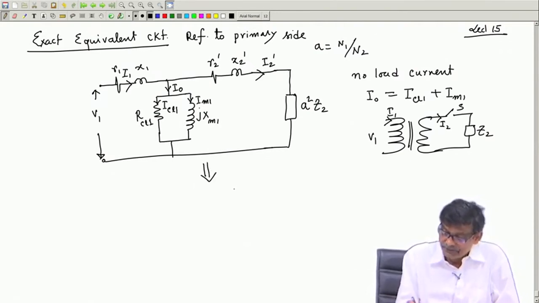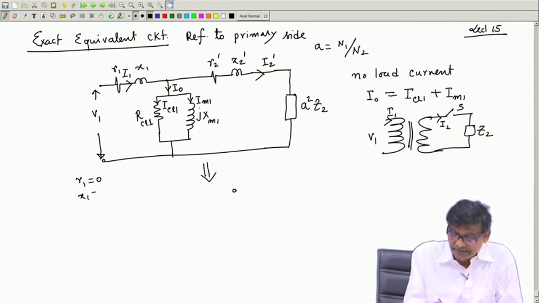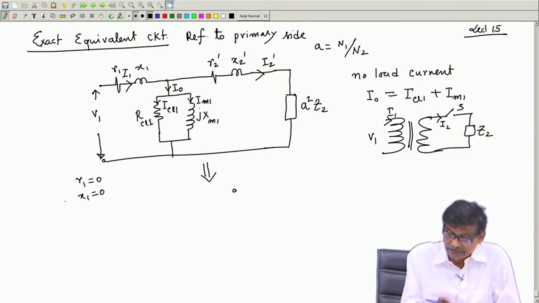In fact, from this, you can easily get the equivalent circuit of an ideal transformer by making R1 equal to 0, X1 equal to 0, because no resistance, no leakage flux, no leakage reactance.